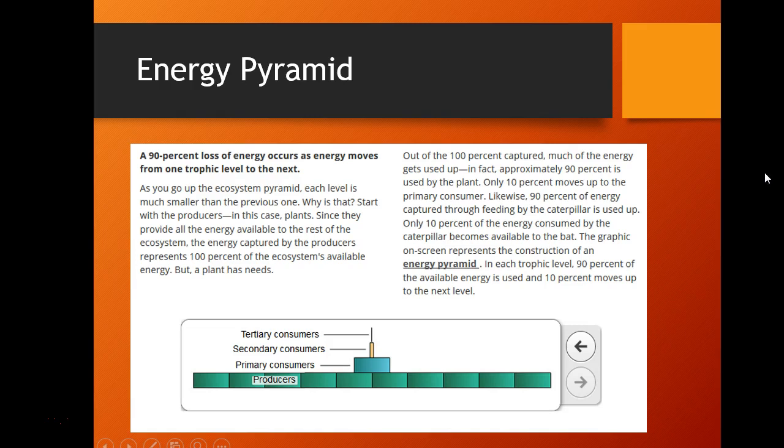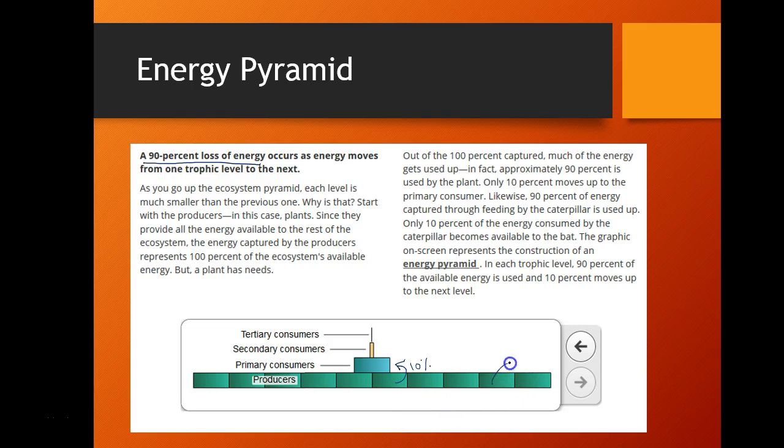So that was the numbers pyramid. If we look at the energy pyramid, we can look at the amount of available energy at each trophic level. There's actually a 90% loss of energy that occurs when you move up each trophic level. So for example, if we go from producers to primary consumers, there's only 10% available to the next trophic level.